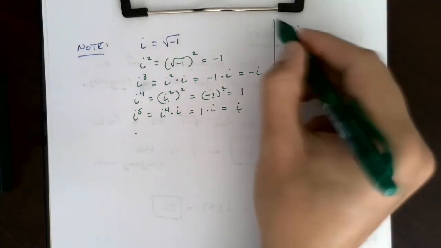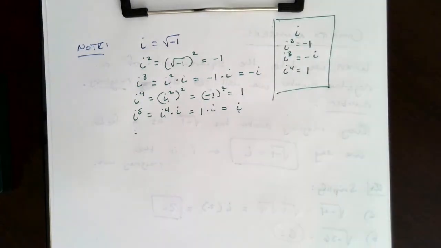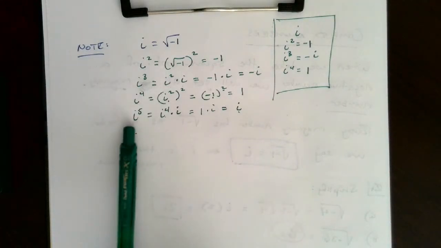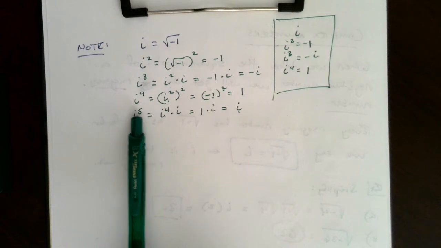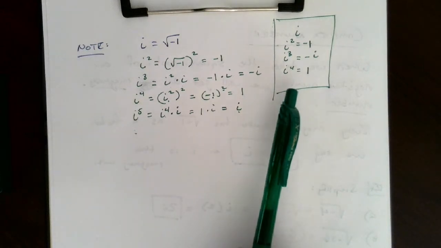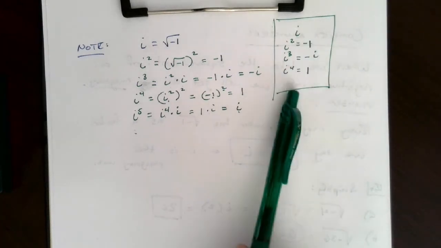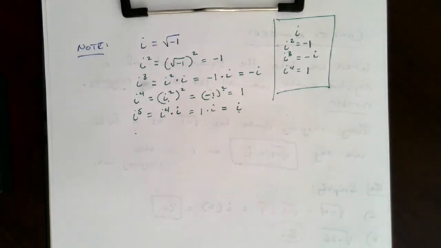So by knowing this, just knowing i squared equals negative 1, i to the third equals negative i, and i to the fourth equals 1, you could actually get any power of i higher than 4 and simplify it down to powers between i to the first through i to the fourth, and then simplify those. Sometimes people see this kind of like a cycle.